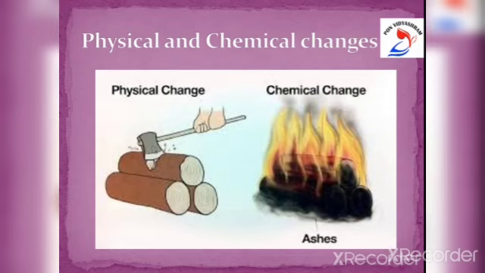A process that causes a substance to change into a new substance with a new chemical formula is called a chemical change. So, what is meant by chemical reaction? A process involving the breaking or making of interatomic bonds and the transformation of the substance into another substance is called a chemical reaction.